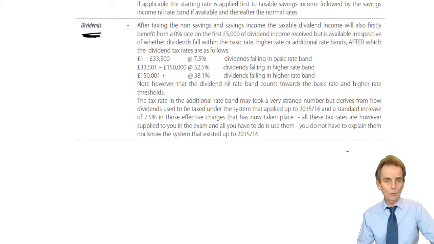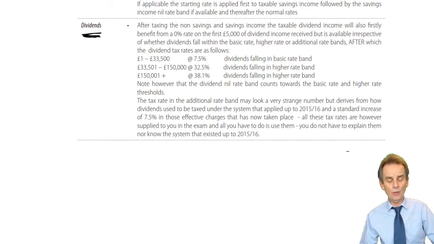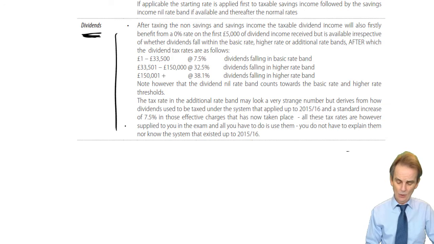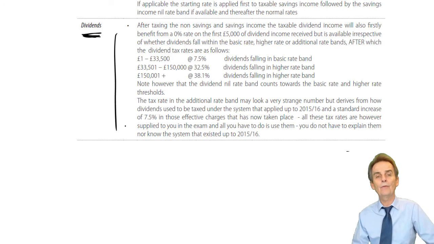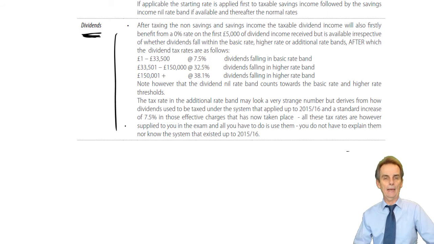But a little bit like with savings income, we also benefit on our dividend income from a nil rate band. This time it doesn't vary, it's the same whatever level of taxpayer you are, whether you're basic, higher, or additional rate. Everyone, as you'll see from the notes here, will benefit from a £5,000 dividend income nil rate band.